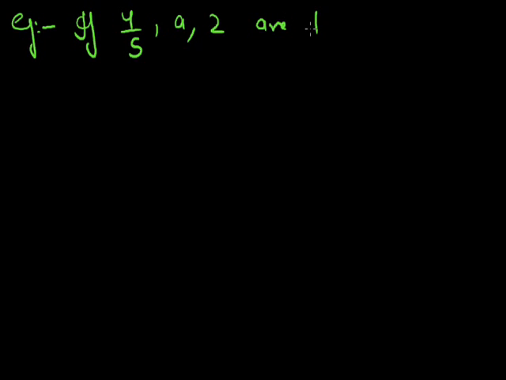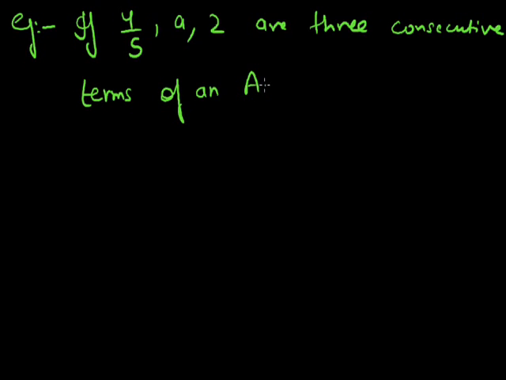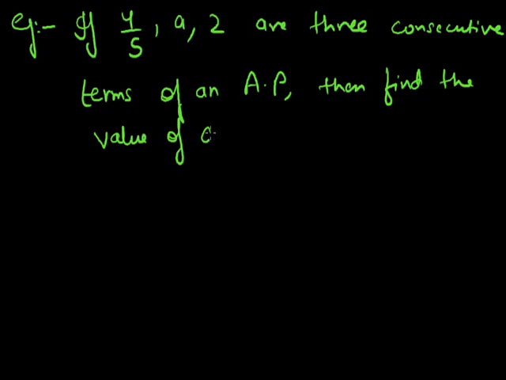Let's say if 4 by 5, a, 2 are three consecutive terms of an AP, then find the value of a.